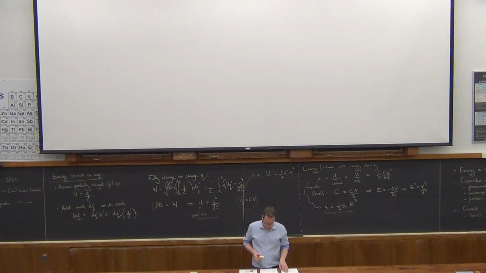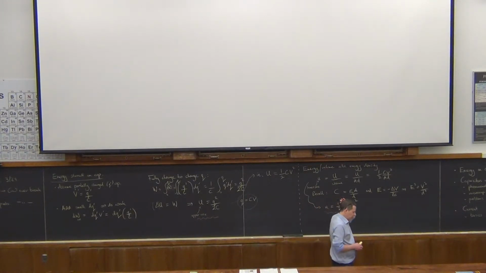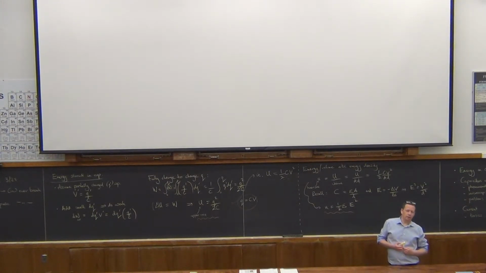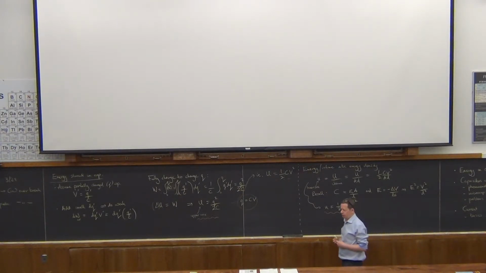So I want to talk a little bit about what changes when we introduce one of these dielectrics. We're going to start off with a kind of hand-wavy phenomenology. Just give you a little bit of a sense of some of the parameters that change. Then I'm going to look in a slightly more detailed way at what's happening within the dielectric itself, and particularly what's happening at a microscopic level. We'll see what we can learn about the electric field, the potentials, and the charges in this more complex situation.